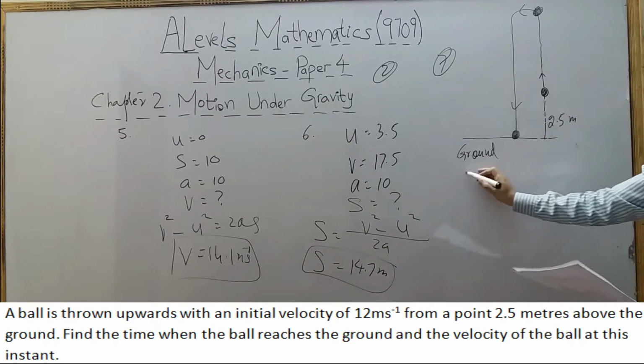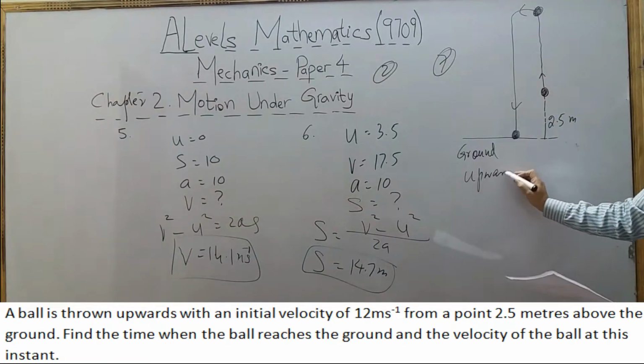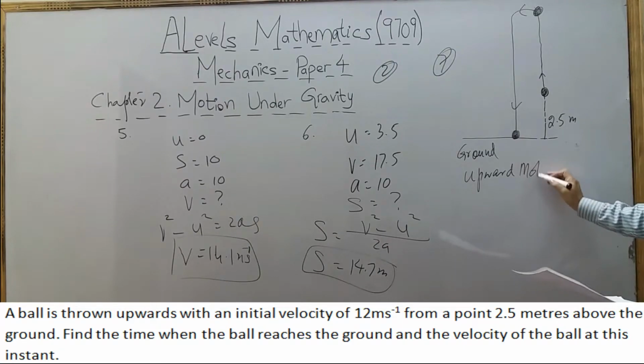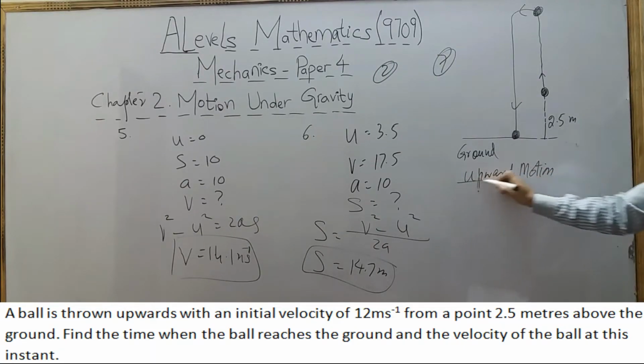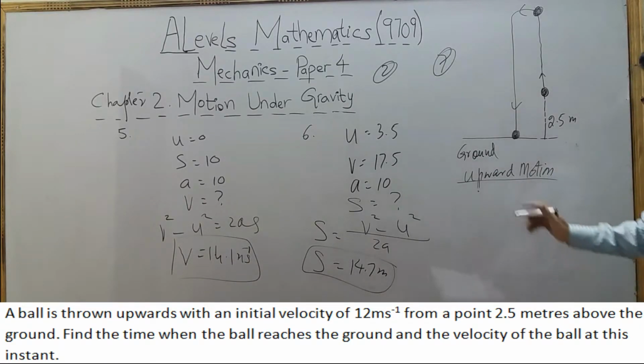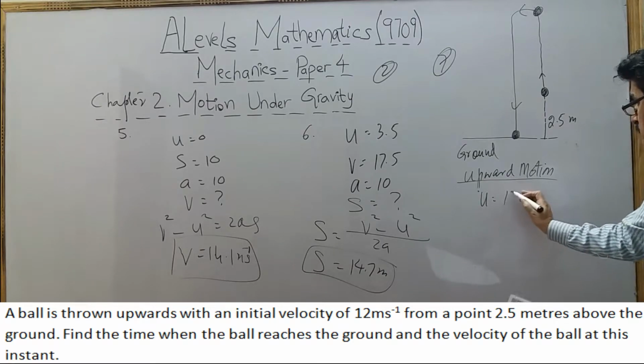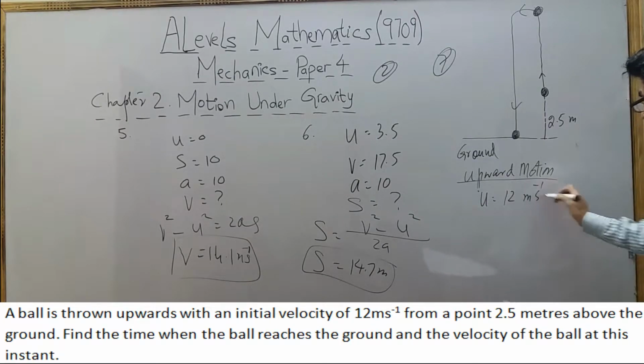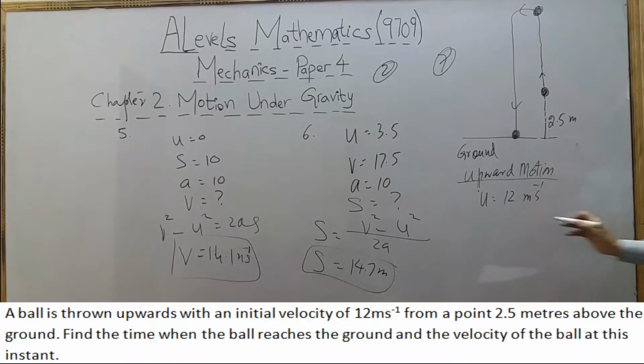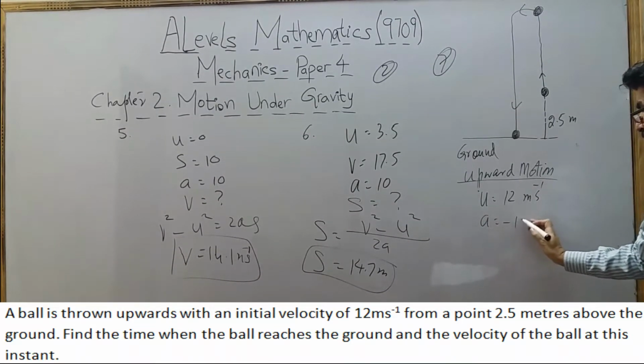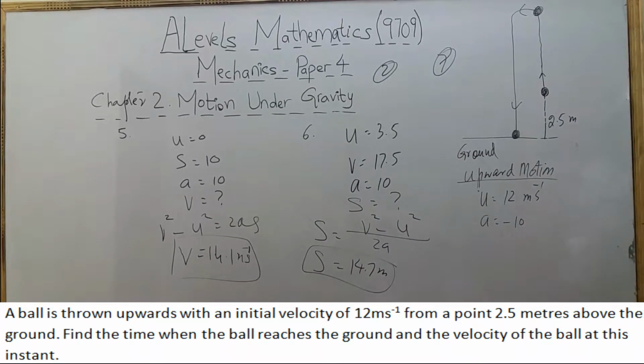Now we consider upward motion. Now for upward motion, a ball is thrown upward with an initial velocity of 12. So you are given u is equal to 12 meter per second. Now it is thrown, it moves freely under gravity in upward motion, so acceleration is equal to minus 10.